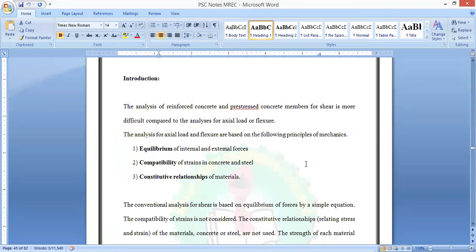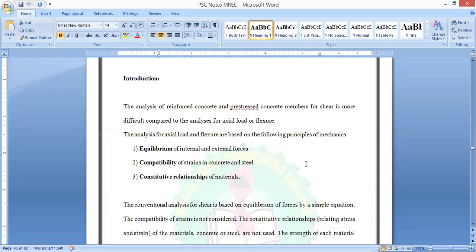Here we compare with the analysis for axial load or flexure. Compared with axial load and flexure, designing or analyzing the member towards shear is very tough.